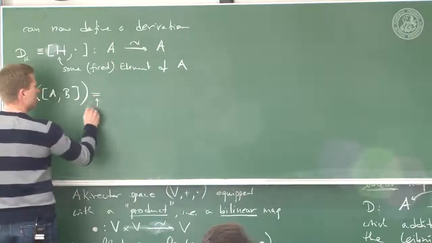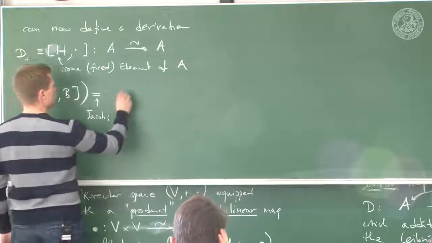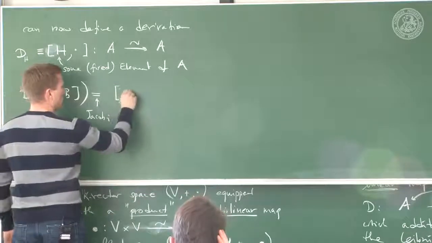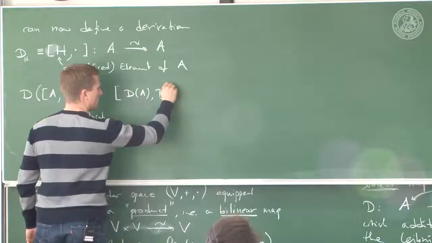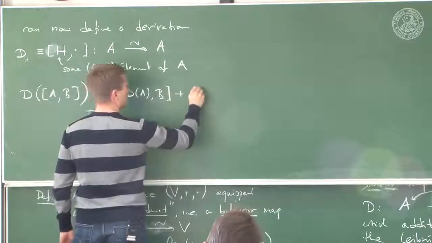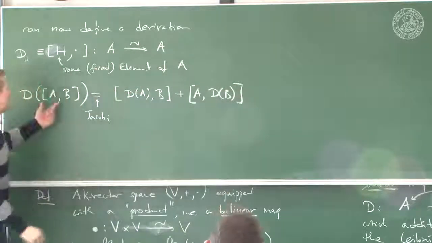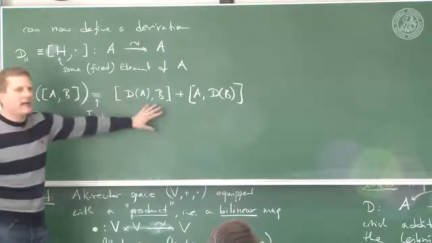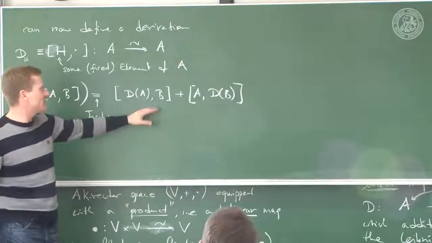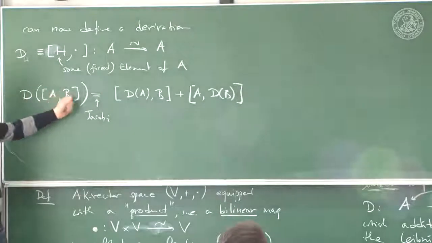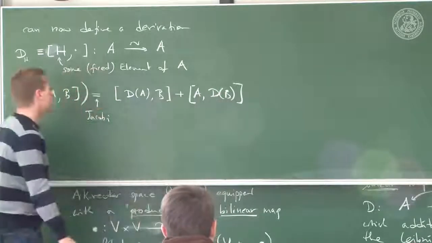And using the Jacobi rule that we just wrote down, it's very easy to see that this is the product of D applied to A comma B plus A comma the D applied to B. Well, but because the bracket is the blob, this is the Leibniz rule. If instead of the bracket I wrote the blob, D of A blob B is D A blob B plus A blob DB, you'd immediately see the Leibniz rule.